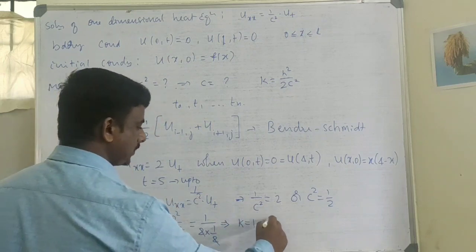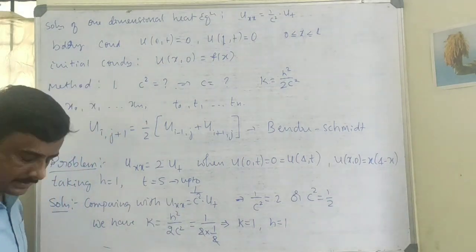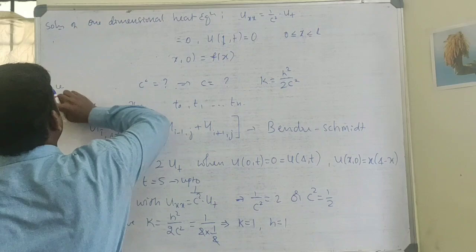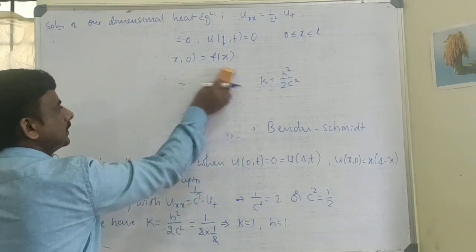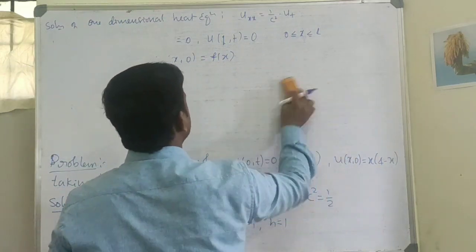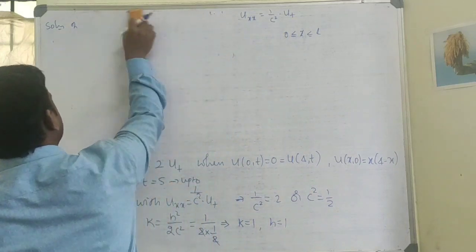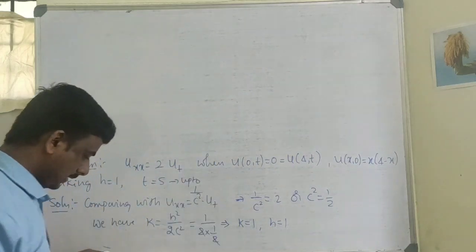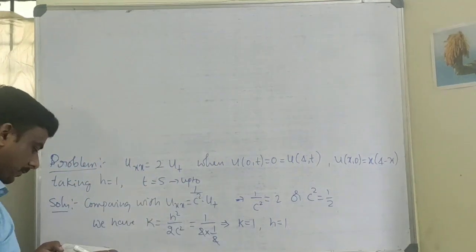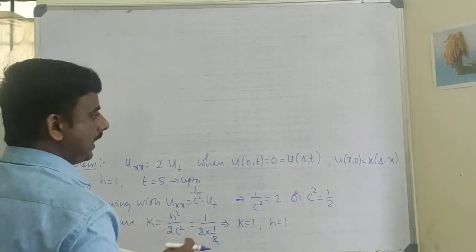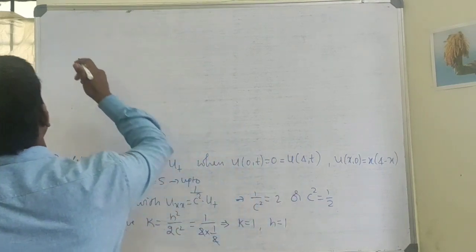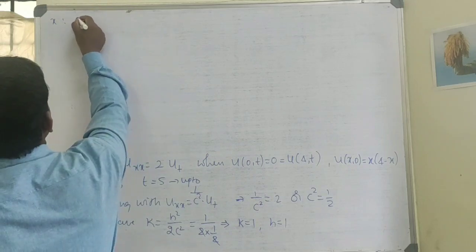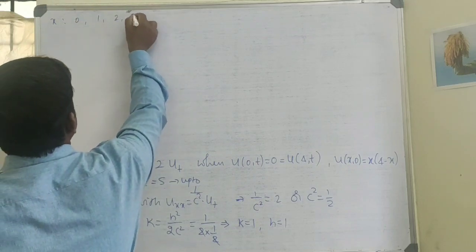So I have h equal to 1 and k equal to 1, and it is given that we have to find the values up to t equal to 5. So the point of subdivisions for the variable x are 0, 1, 2, 3, 4.